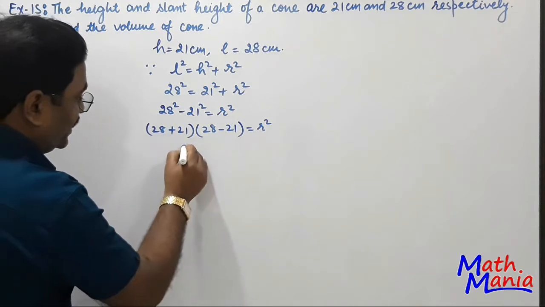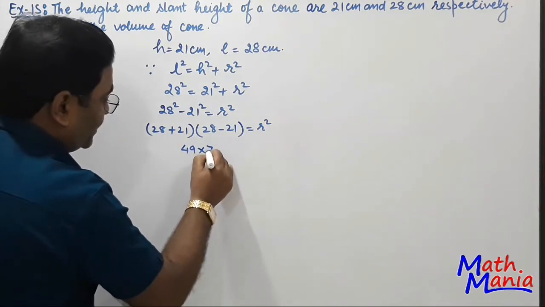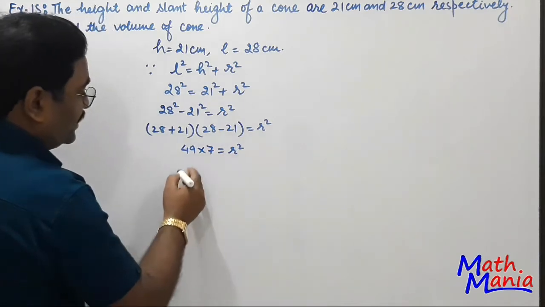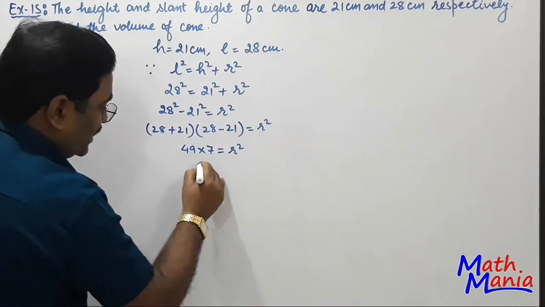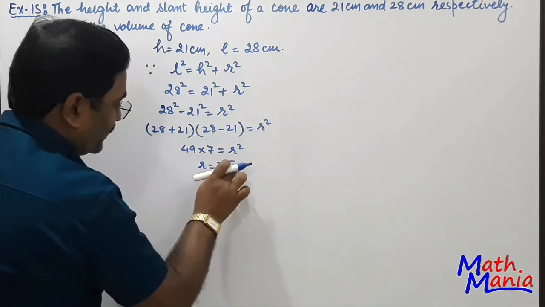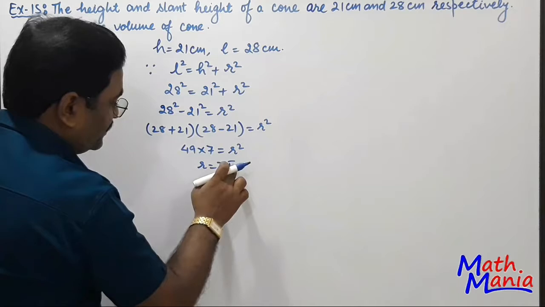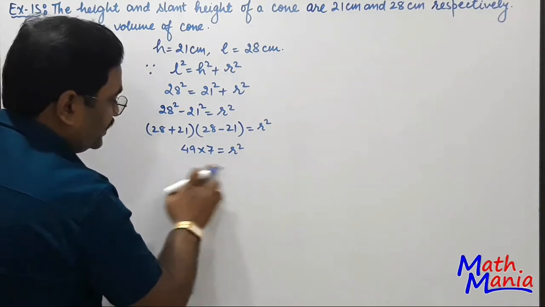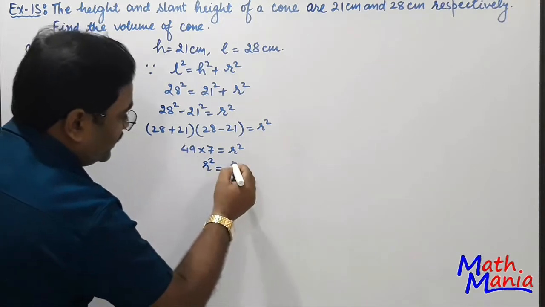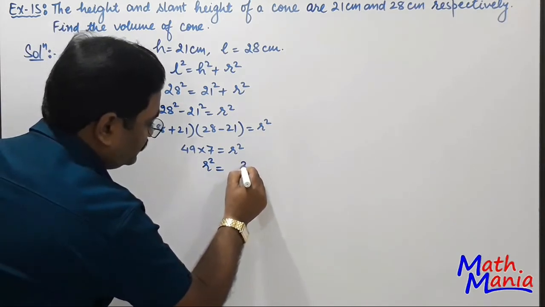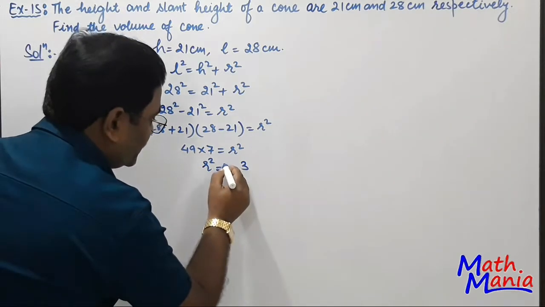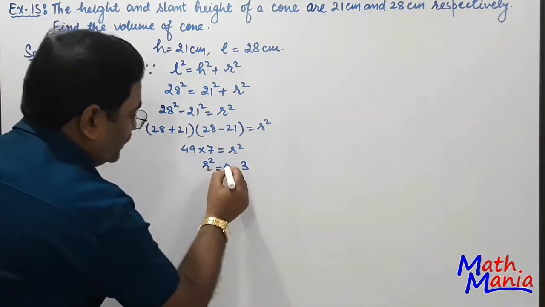So this is 49 multiplied by 7 equals r square. So 7 7s are 49. So r square equals 7 root 7... r square equals 49 times 7. 7 9s are 63, carry 6. 7 4s are 28 plus 6 is 34.